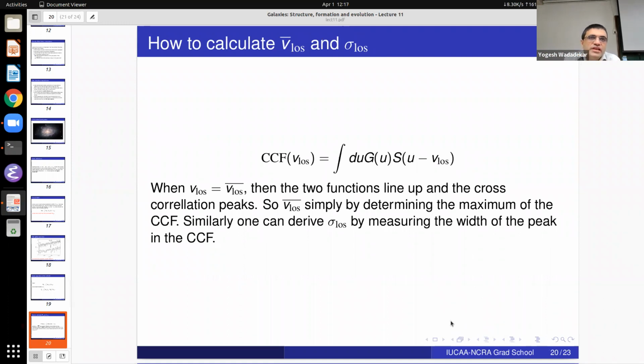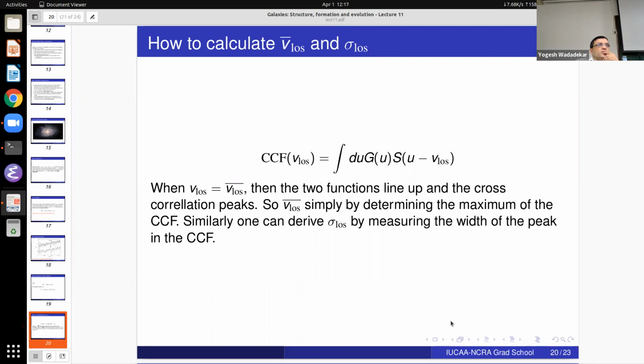So how do you actually calculate VLOS, the average value of VLOS and sigma LOS? You can define a cross correlation function of the VLOS by just cross correlating the galaxy spectrum and the stellar spectrum.